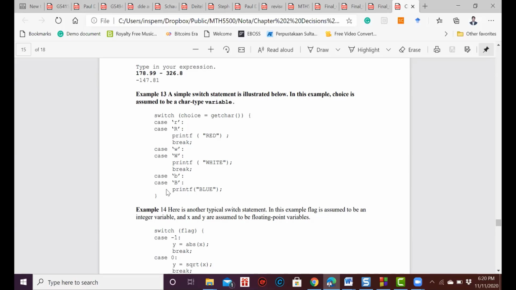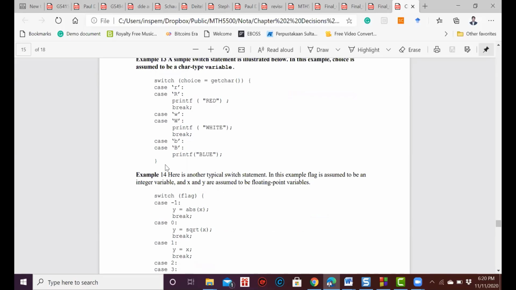If we don't have a default, then maybe the logic will be wrong if we enter, for example, R or S. After print blue, we didn't write break. It isn't necessary. Logically, without break at the end, it is correct, no error.